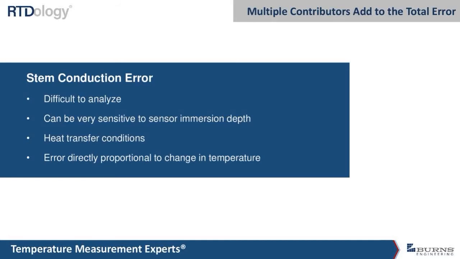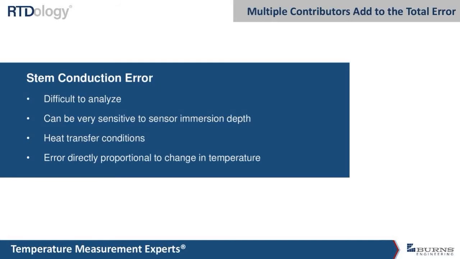Usually what I like to do is, after the probe is installed and the process is up and running, take some insulation and wrap around external portions of the sensor, and if it's in a little pipeline or something, kind of wrap around the pipeline and see if there's any temperature change.